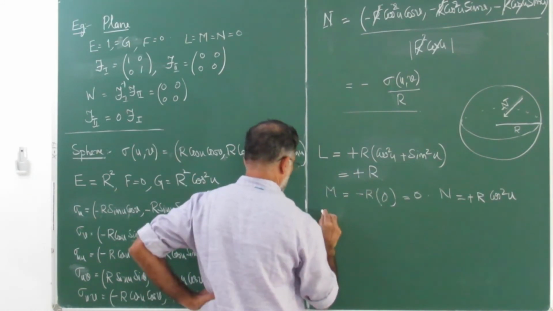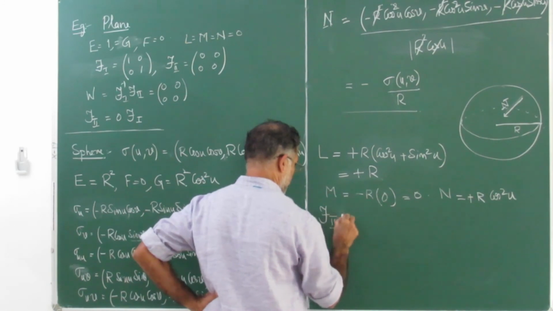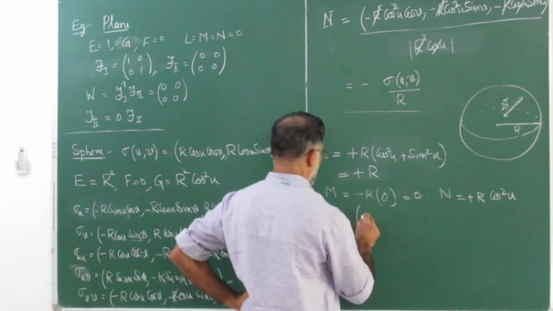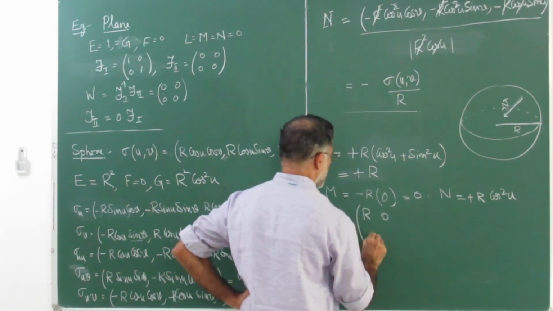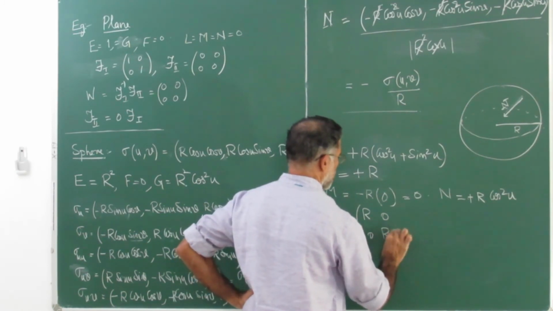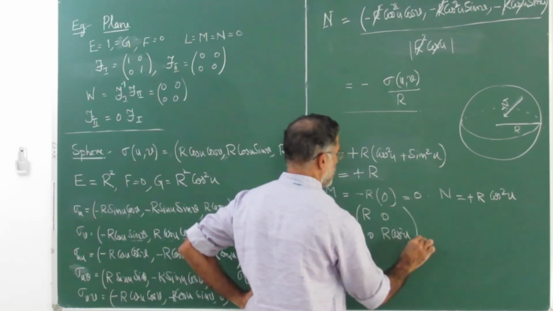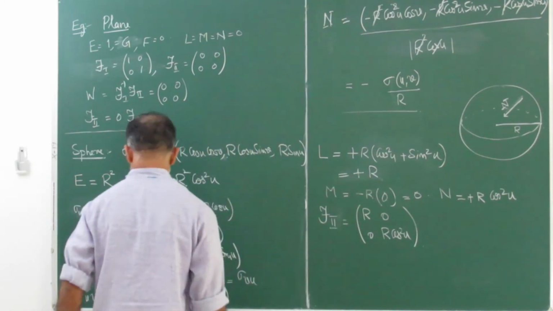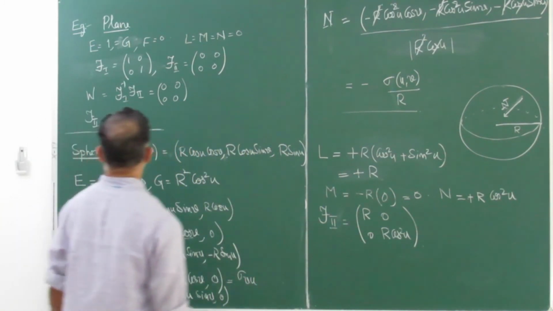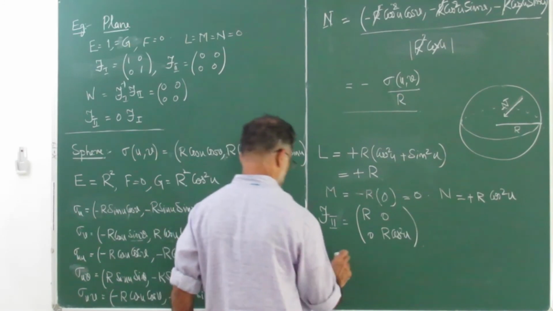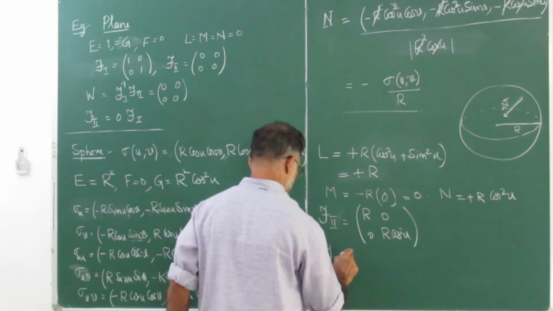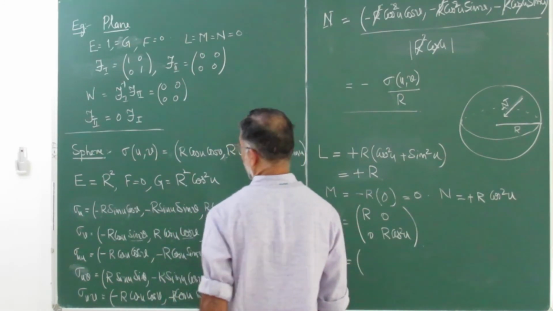So what is your F2? Not bad, looks fine. F2 is r 0 0 r cos square u. What is your F1? I didn't write F1. Let's write F1. F1 computation.